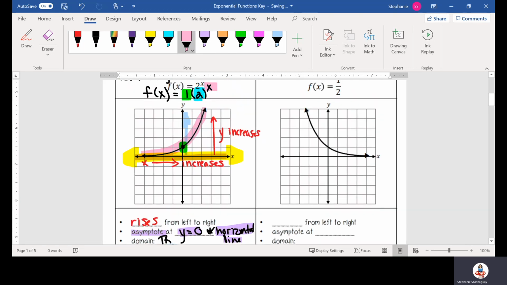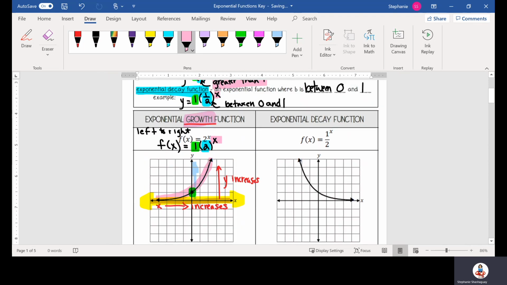Now let's look over at our exponential decay. So here, again, I'm going to rewrite this as f of x is equal to 1, because that's going to be our y-intercept, multiplied by our ratio to the x power. Okay, our ratio is the 1/2, and then we have our variable. And this is showing decay because our ratio is between 0 and 1.